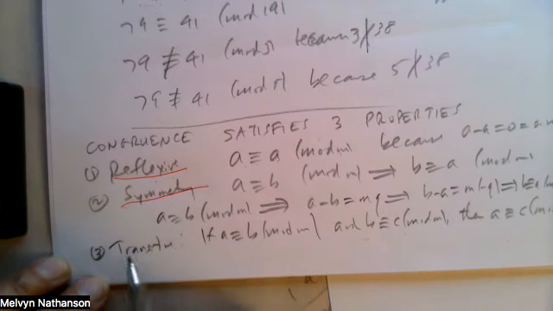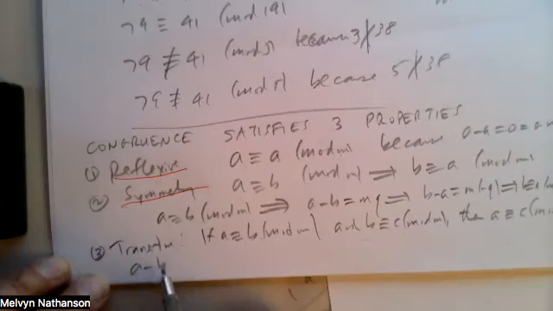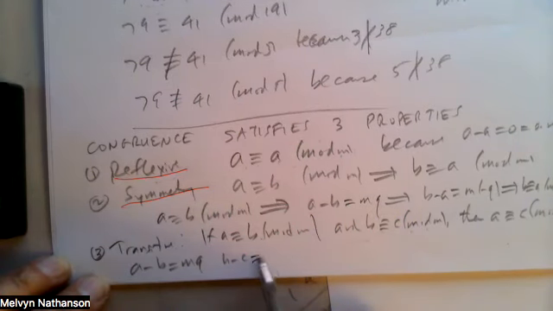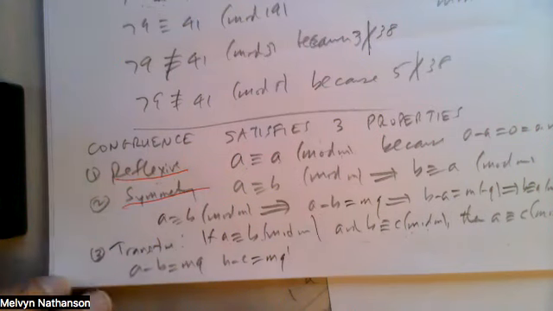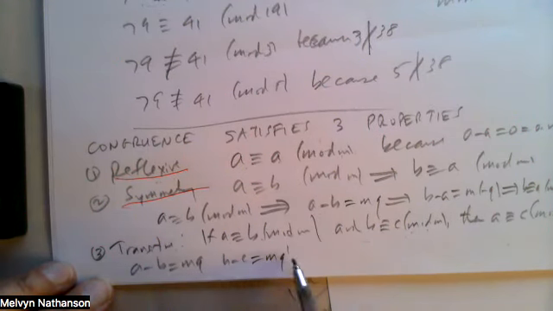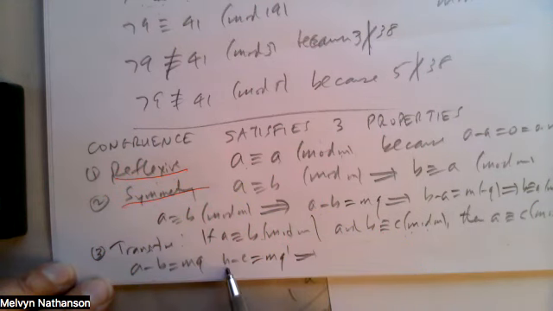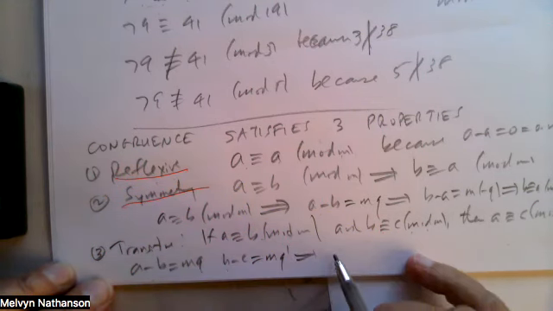And what is the reason for that? If A is congruent to B mod M, that means A minus B is M times Q. If B is congruent to C mod M, that means B minus C is M times some number Q prime. If I add these two equations, A minus B plus B minus C, the B's cancel.